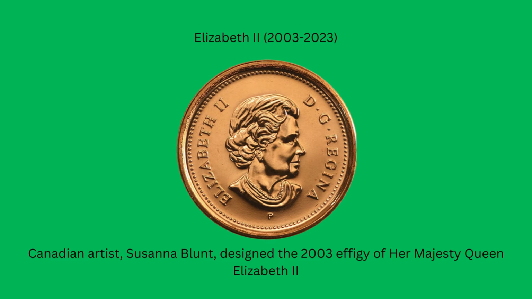There are a few special edition coins, in loonies and in toonies, that she made it onto. The rest of them from 2023 will actually be the next effigy up. This effigy was designed by Canadian artist Susanna Blunt.